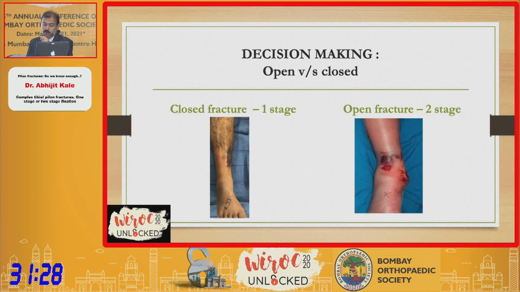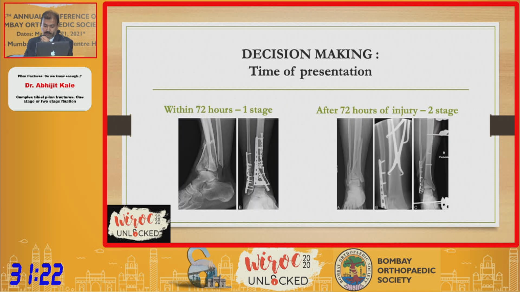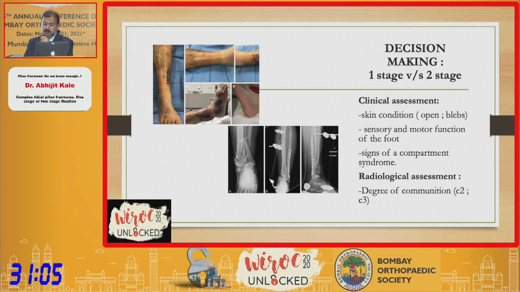The second point to consider is whether it is a closed injury or an open injury. Open injuries are best managed with two stages. The third point is the time of presentation. If the patient has presented early, one can go for a definitive fixation in a single stage, but if the patient has presented late, it's wiser to opt for two-stage fixation.